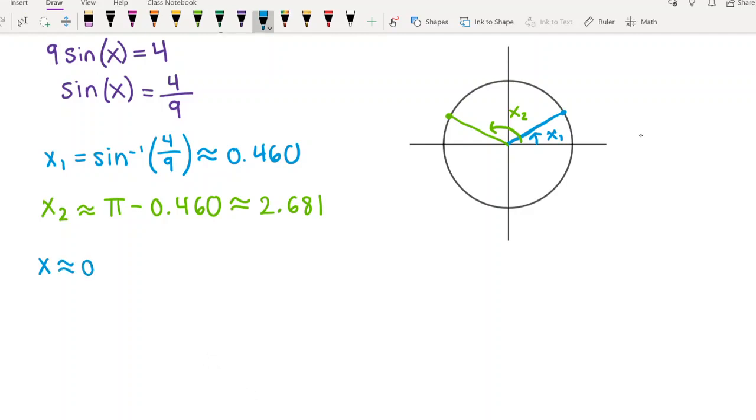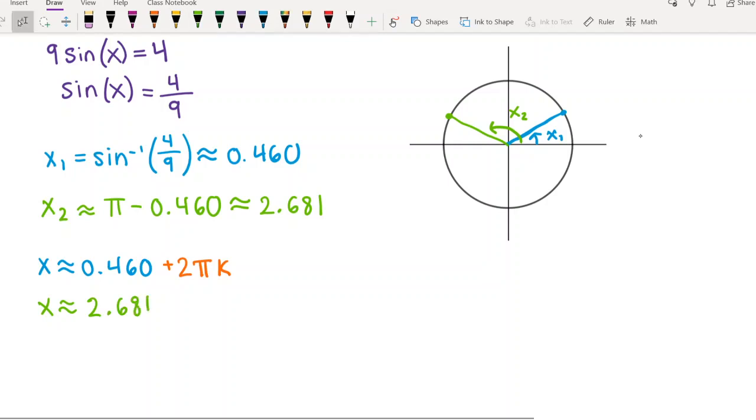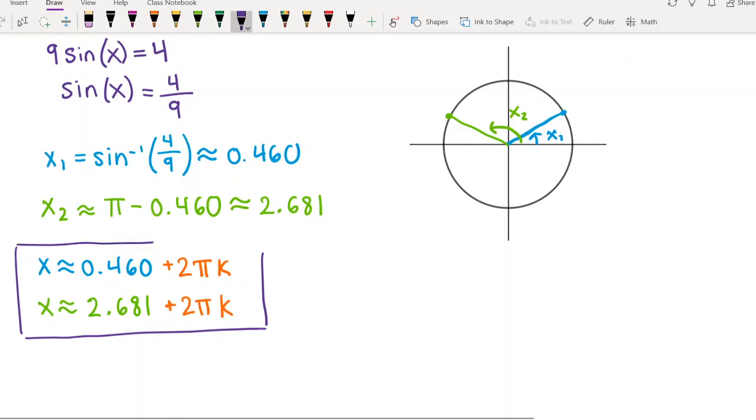So here we can say x is equal to 0.460 plus 2 pi k. That plus 2 pi k part just represents the fact that you're saying I can add or subtract any multiple of 2 pi, and that will give me an angle that is coterminal with the two angles I already found, and so those should also be included as solutions.